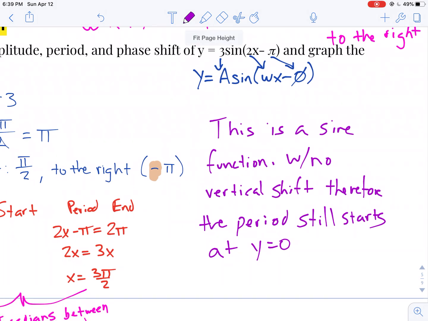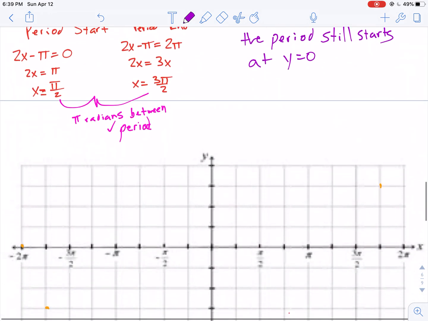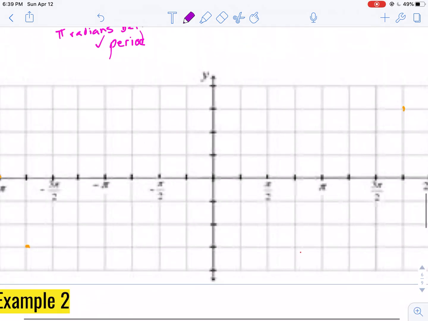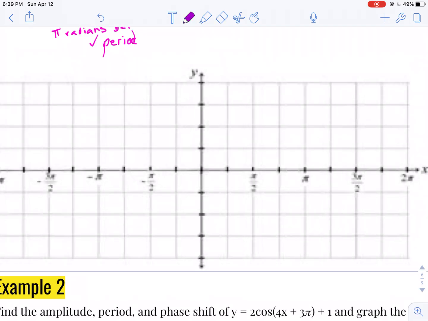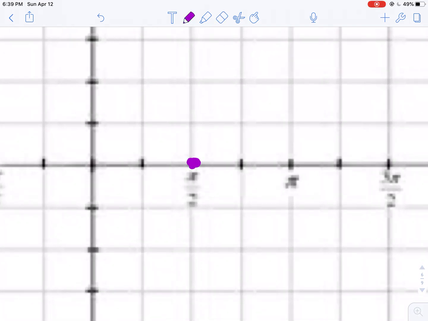So now that I know that my period is going to start right here at pi over 2. And then I know that that period is going to come back to where the sine period has to come back to. It's got to be back at that point, y equals 0 by 3 pi over 2.